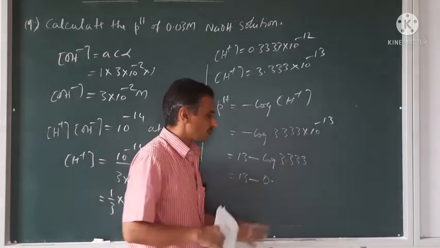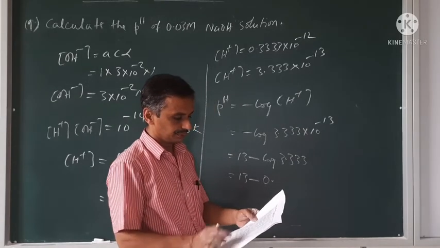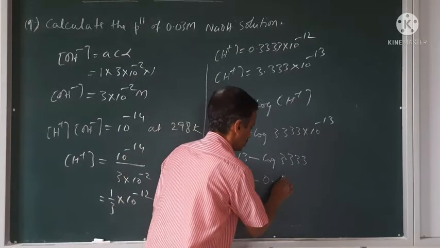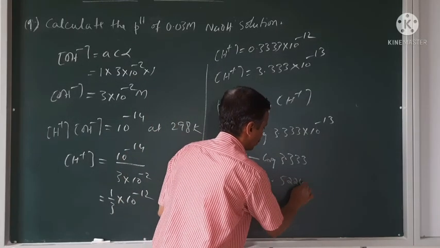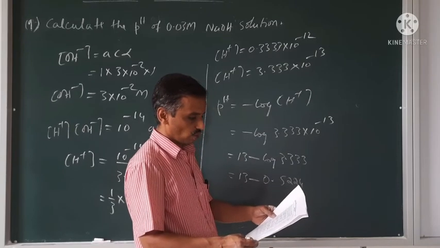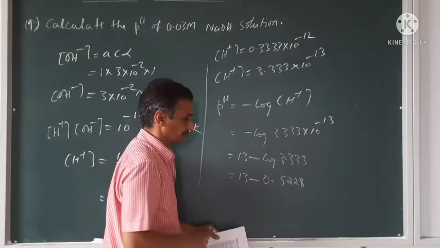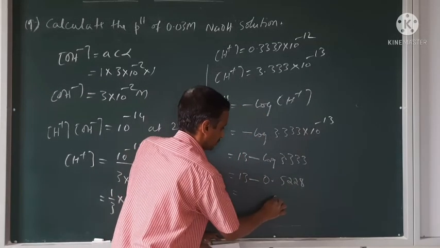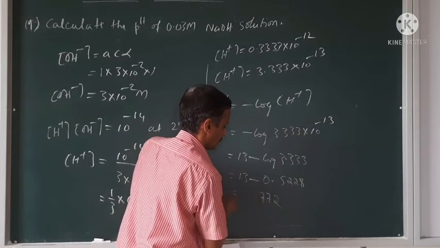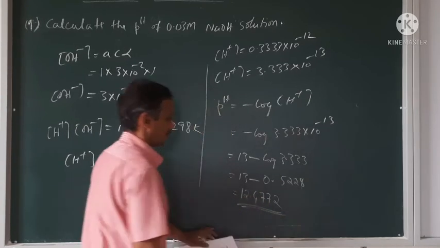Since only one digit is there before the decimal, I have to write 0.33, and the log value is between the log of 3 and 4. So we get the answer, 12.477.